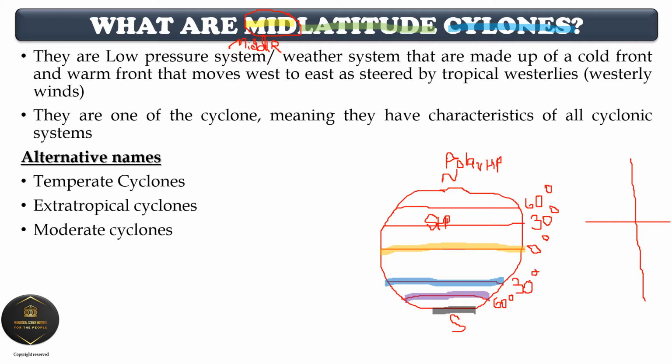Simply because air moves from high pressure. Remember, here we have the polar high pressure belt. So air will move from this high pressure belt and go towards the equator, right? And the equator has the tropical low pressure belt.